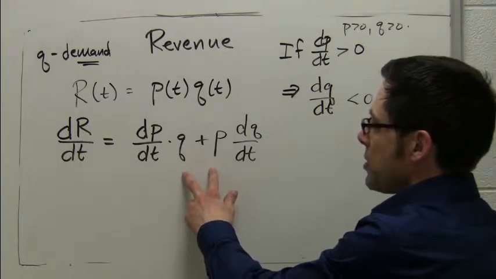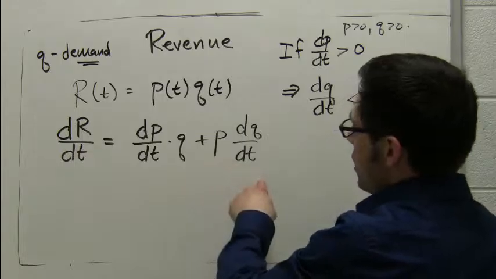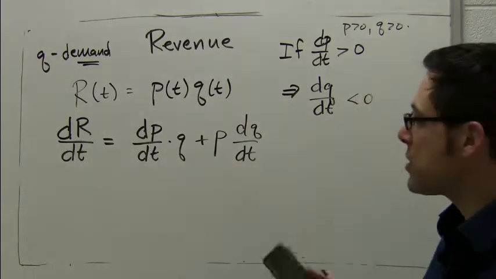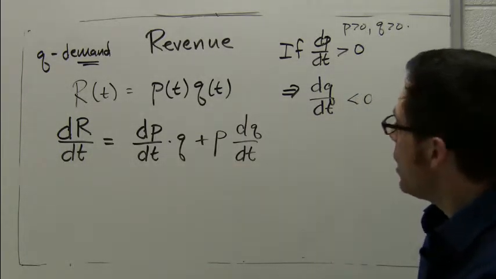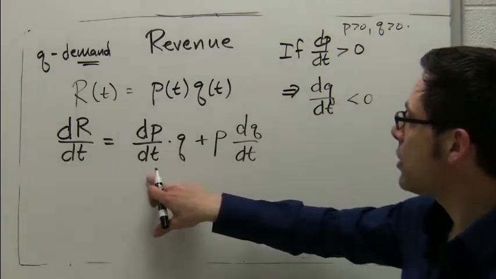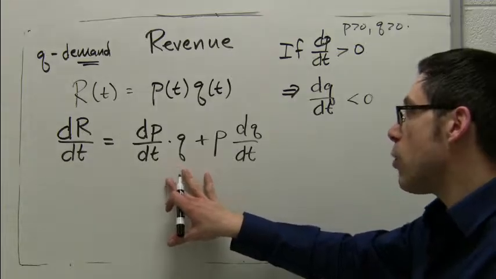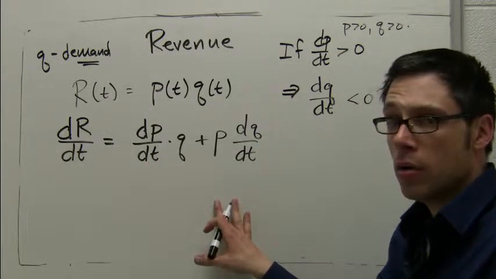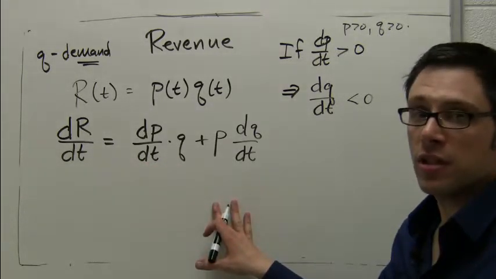If these are both positive and this is positive and this is negative, I'm not really sure. It depends on what the rates are. If demand is decreasing much faster than price, then the revenue might be going down. But I need to know that explicitly.